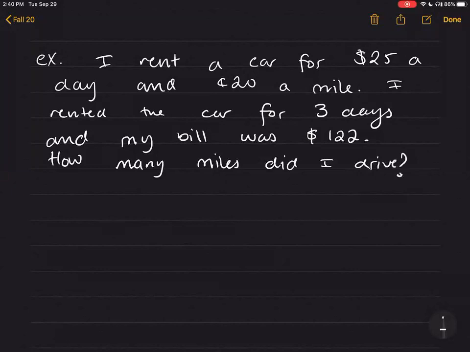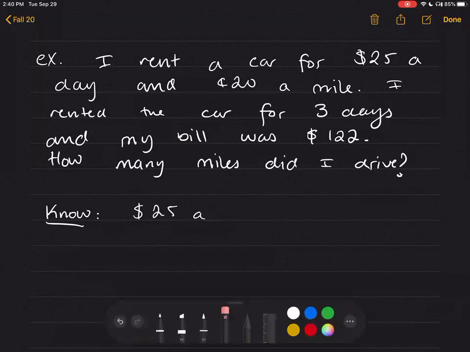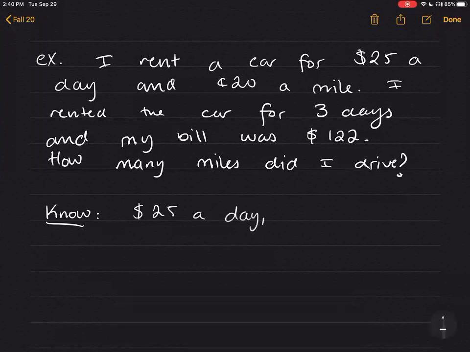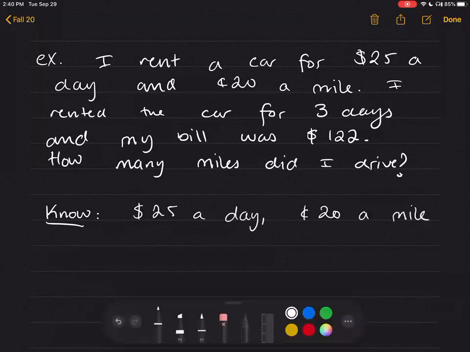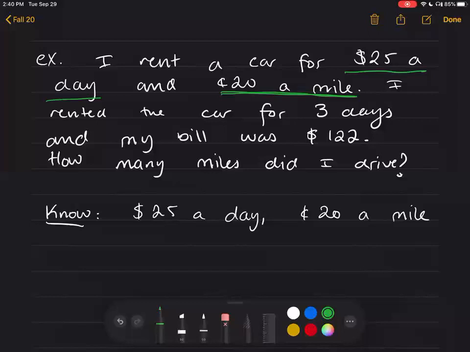Okay, cool. So let's see, what do we know? We know that the rate is $25 a day and 20 cents a mile, right? That comes from here. We also know I rented the car for 3 days.